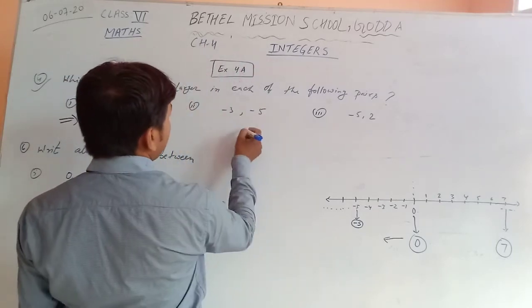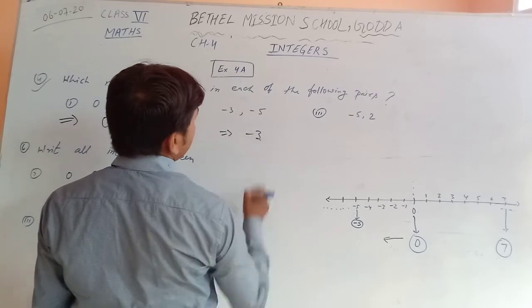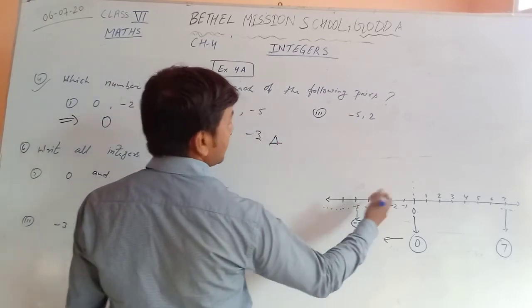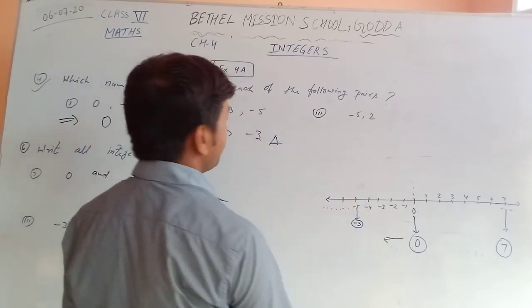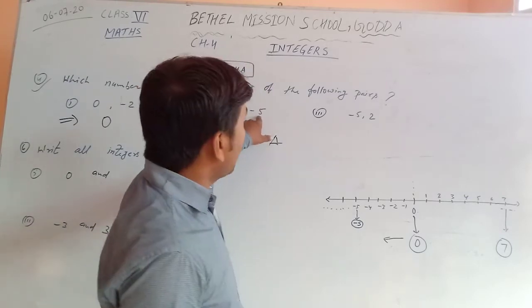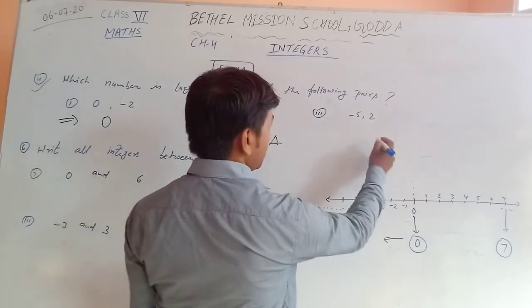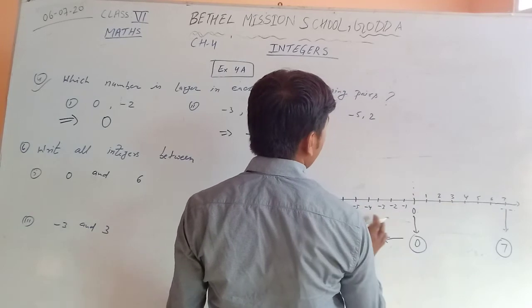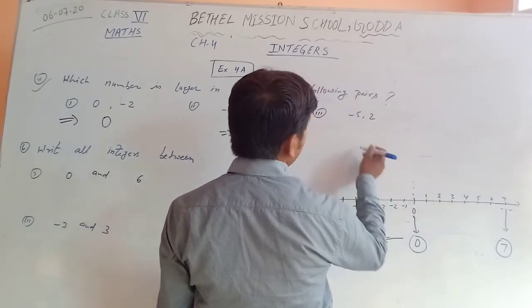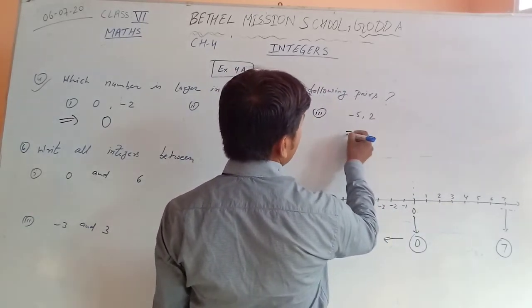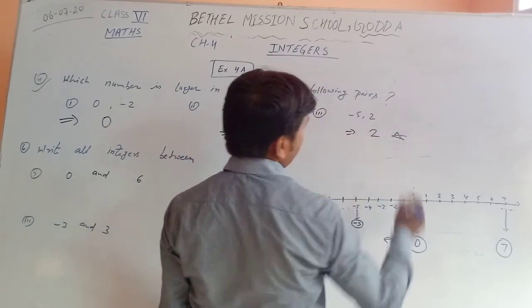So the larger number is -3, that is the answer. This is right from the -5. And here which is larger? Obviously it is 2. 2 is here and -5 is here. So 2 is a positive number, this is a negative number, so 2 is the answer.